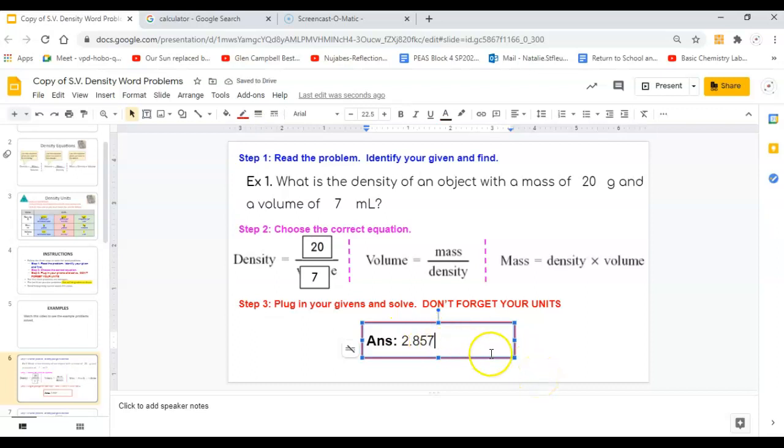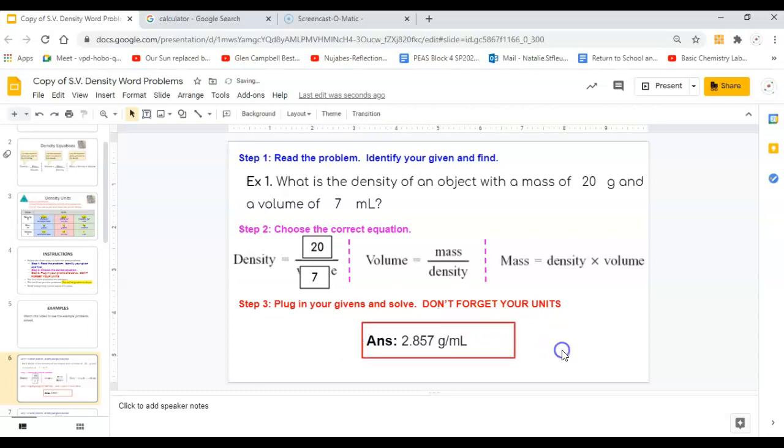Now, looking at this answer, am I done? Nope, I can't forget my units. So remember, your units for density are going to come from the units of mass, which is grams, and the units for your volume, which is milliliters. So I'm going to take grams per milliliter, and that's my first one done.